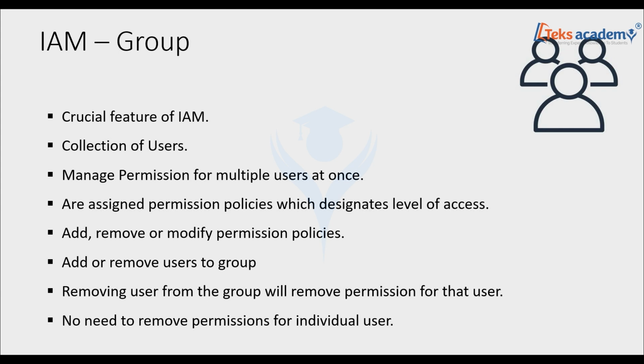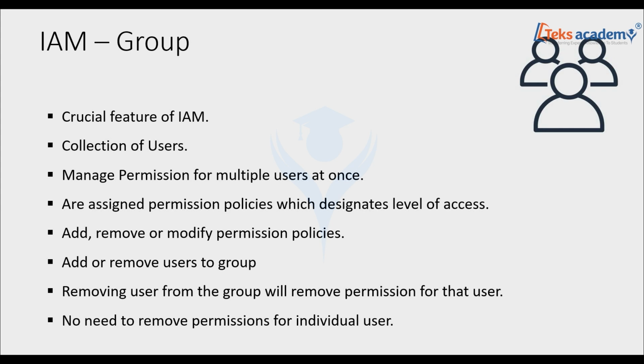If you have multiple users and you have to assign the permissions individually, then it is going to take more time, and you need to assign multiple times. So what we can do is create a group. For that group we can attach the policy only once, and then we can add the users to it.